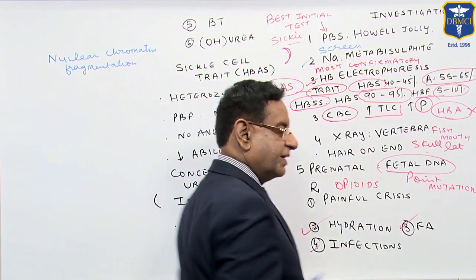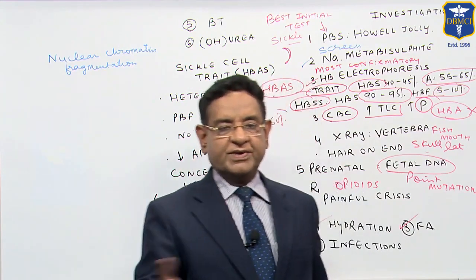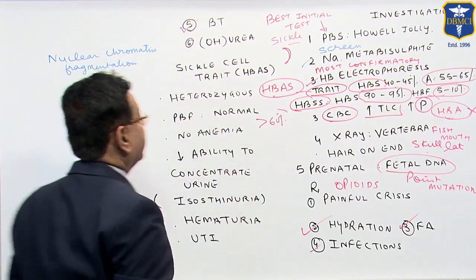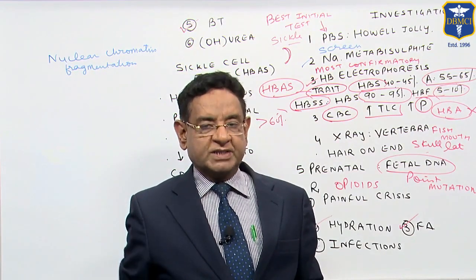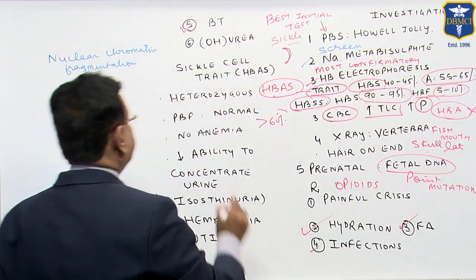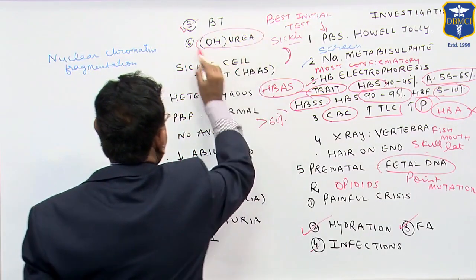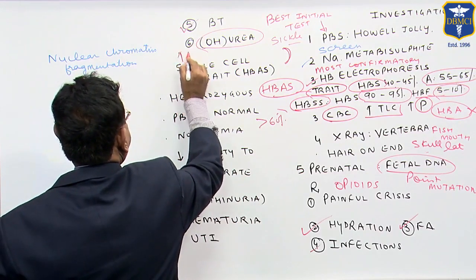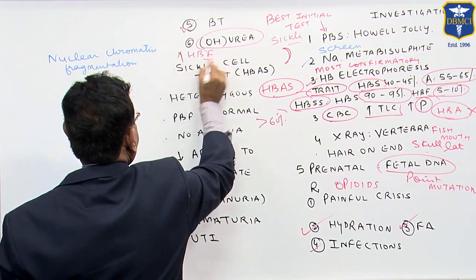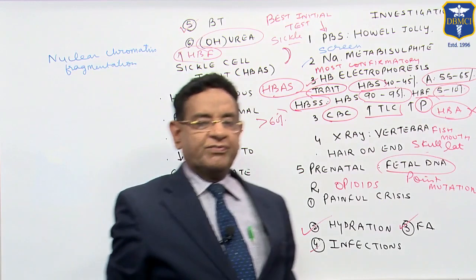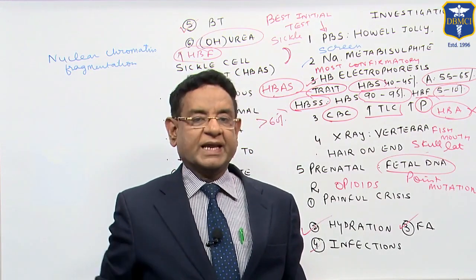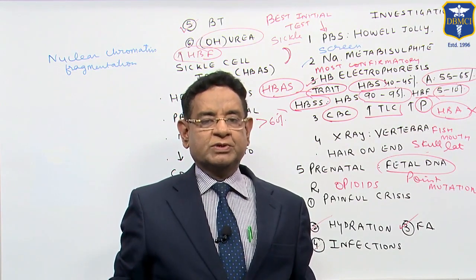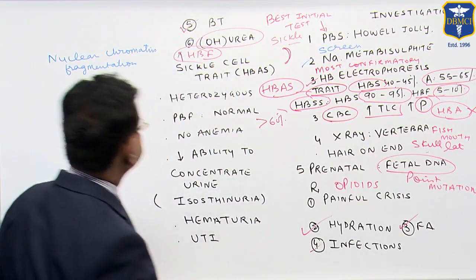Infection should be treated because these patients are prone to various infections I discussed. And of course, in severe anemia, we may have to go for blood transfusion. We use hydroxyurea. The purpose of hydroxyurea is that it increases HbF level. And HbF resists sickling. So we want more and more HbF so that sickling is reduced.